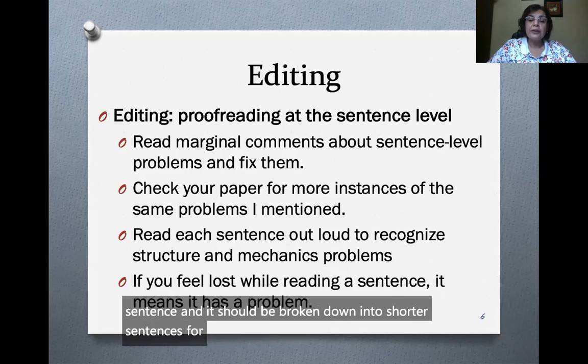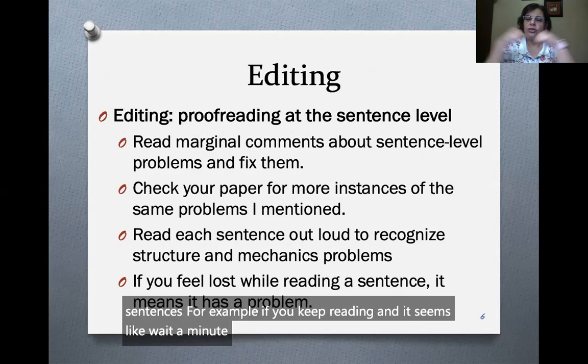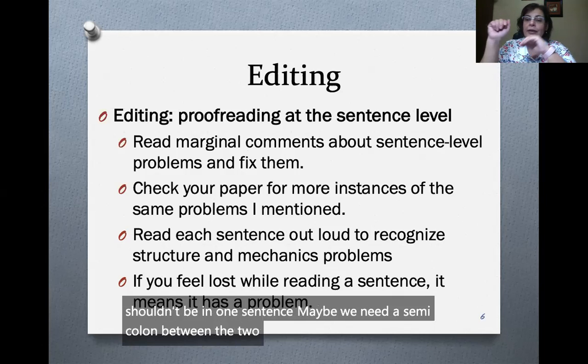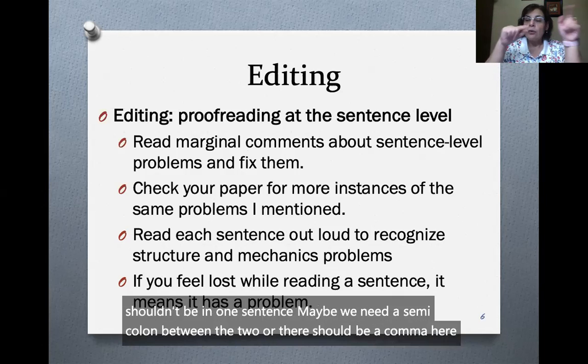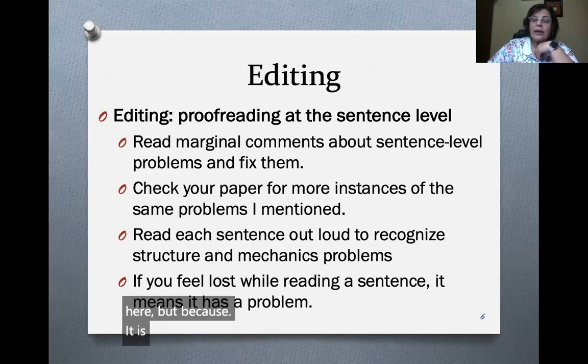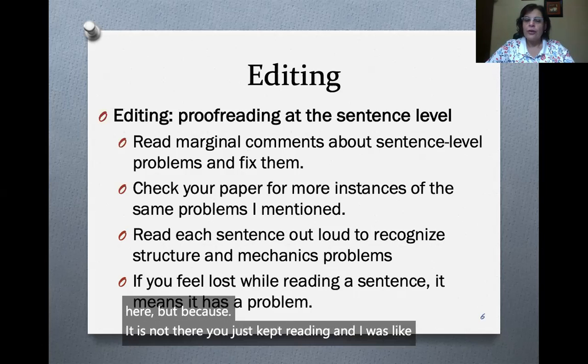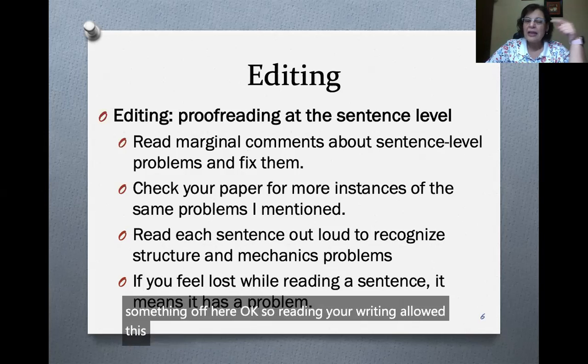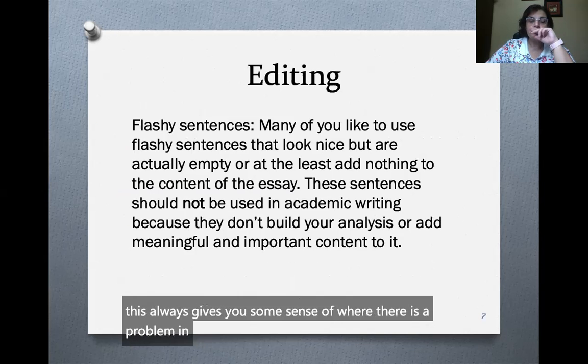If you keep reading and it seems like, oh, wait a minute, these two sentences shouldn't be in one sentence, maybe we need a semicolon between the two, or there should be a comma here, but because it's not there, you just kept reading, and I was like, there is something off here, okay? So reading your writing aloud always gives you some sense of where there is a problem in your writing.